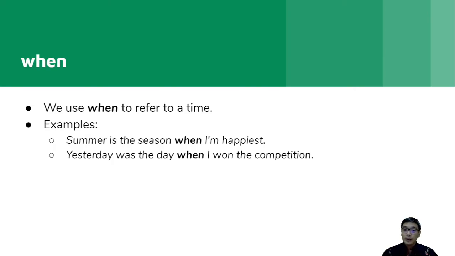We use when because we are talking about the day, which is time. Can we change when with who or which? No. Remember, who is for a person, which is for a thing, and when is for a time.